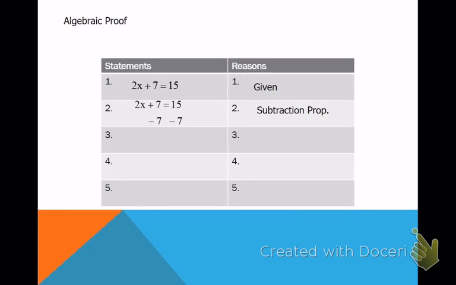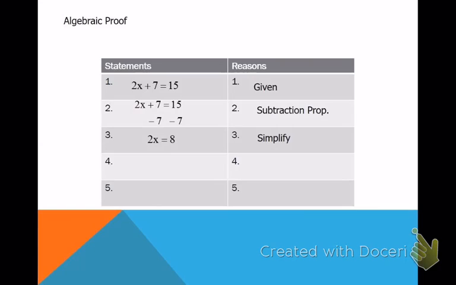Okay? Then, from there, we would simplify each side of the equation. I would actually combine your like terms, or however you want to look at it, and we would get 2x plus 8. 7 minus 7 is 0. 15 minus 7 is 8. And since we're simplifying to get that, that's the reason we're going to use. We're just simplifying. Okay?